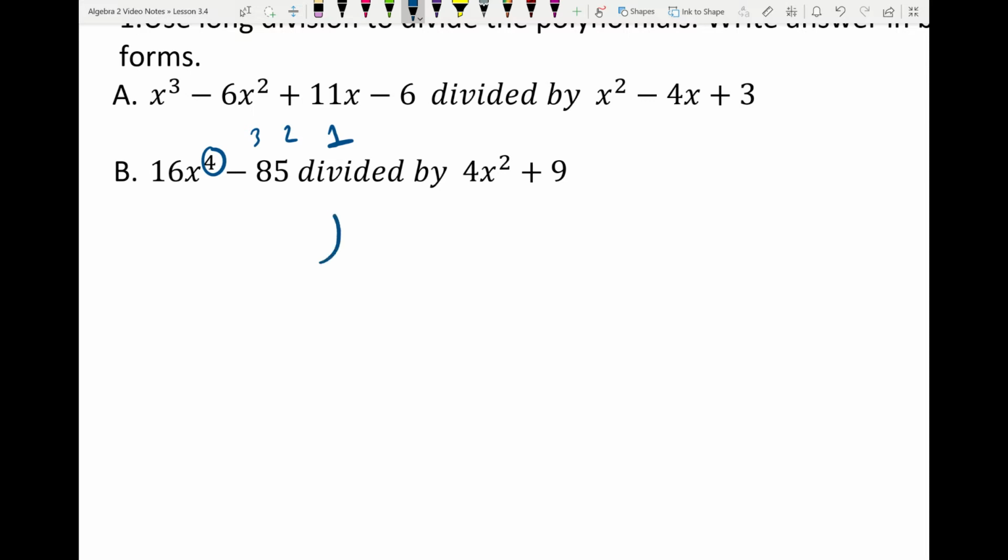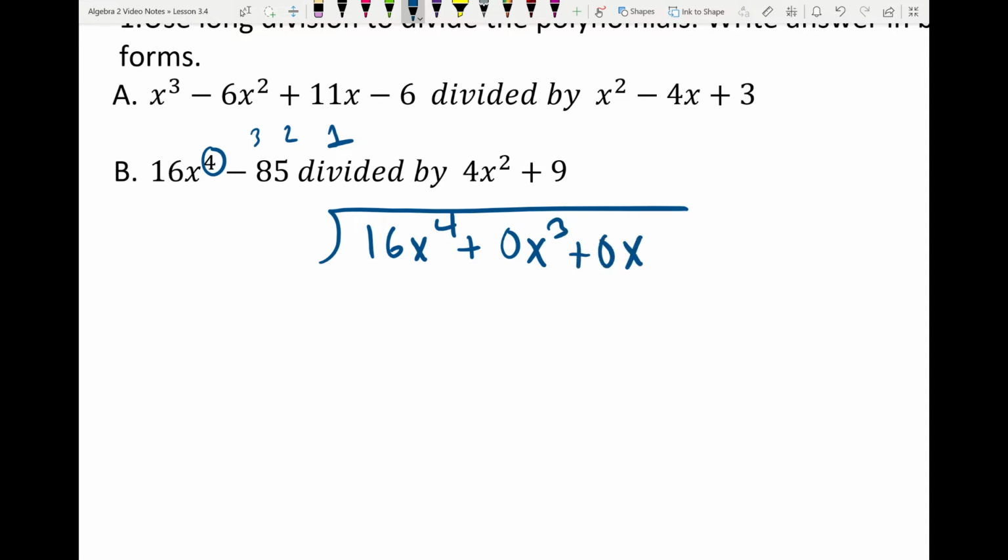So we have 16x to the 4th. Now we're missing an x cubed power, so I'm going to write 0x to the 3rd. I'm missing an x squared, so 0x squared. And I'm missing an x term, so 0x. And then minus 85. So we're going to divide that by 4x squared plus 9.